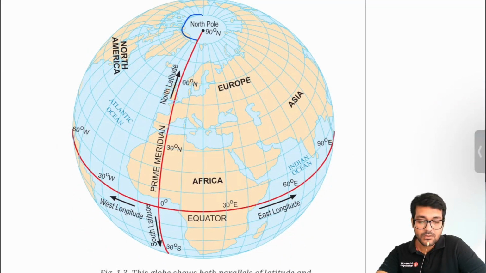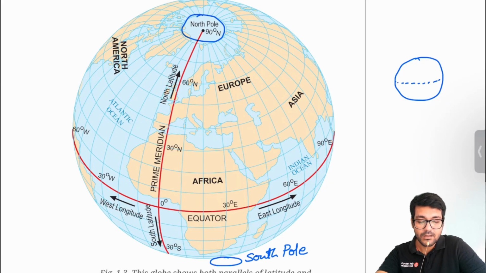You can see North Pole here, and on the opposite side there will be South Pole. If this sphere represents the earth and this is the middle line or middle circle around the earth, also called equator, then from the center the line joining the equator will make 0 degree.